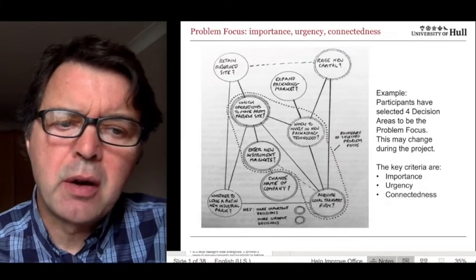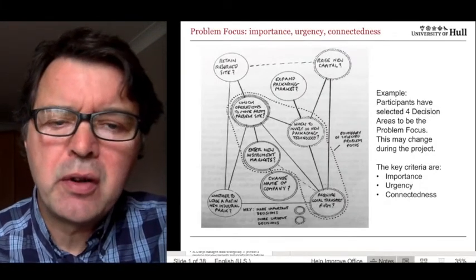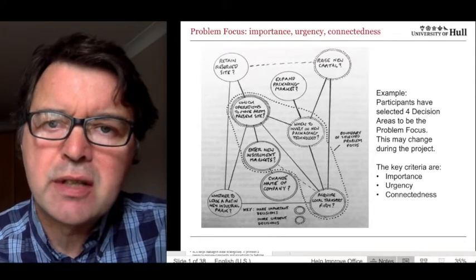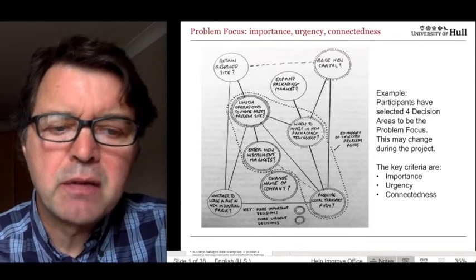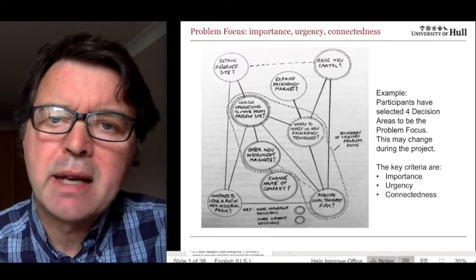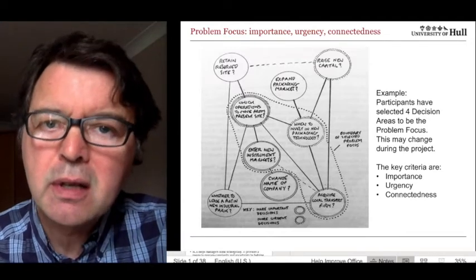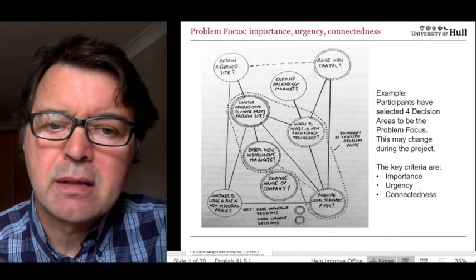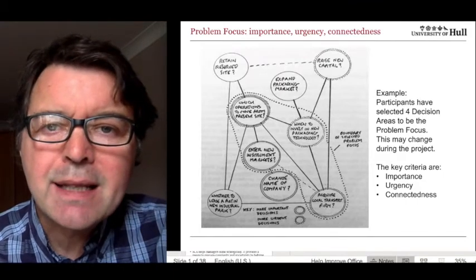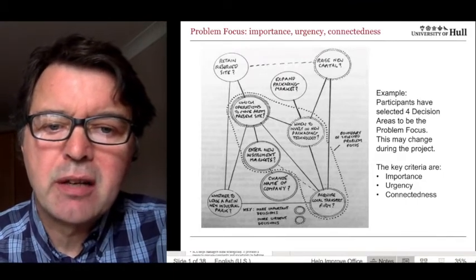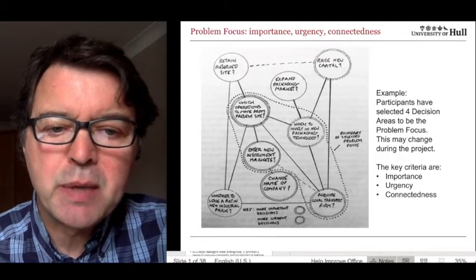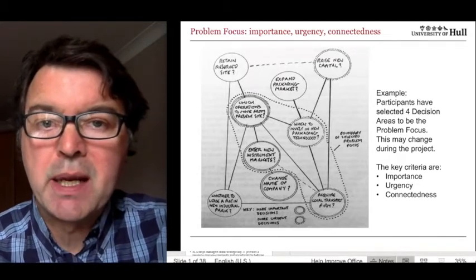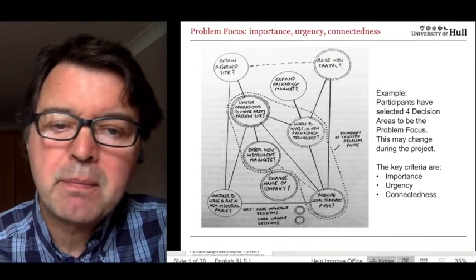We're trying to explore those decision areas in terms of three key criteria, which are importance, urgency, and connectedness. We explore connectedness by drawing lines between decision areas which seem to be connected to each other.